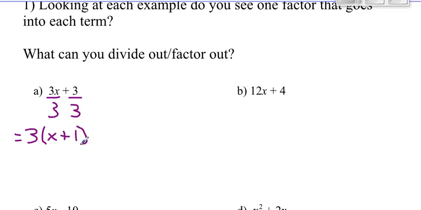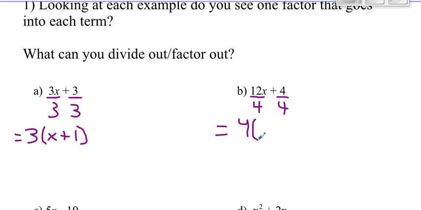Okay, on to B. 12x plus 4. Both terms do not have an x, so the common factor is not an x. However, both terms can be divided by 4. So, again, 4 is my common factor, put it out front as my coefficient, open my bracket. 12 divided by 4 is 3, so I'm left with 3x.